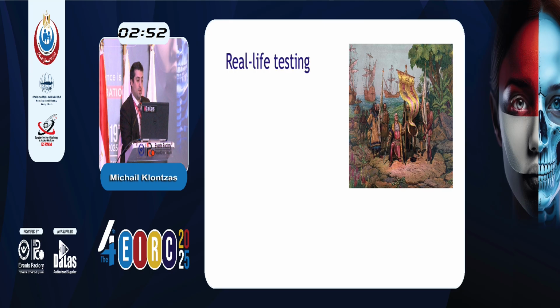Here we come to real-life testing, and usually we have a eureka moment at the stage where we have an algorithm that has good performance in the external test set, but new problems may arise when we test this in real life. For example, we may identify anatomical variants which basically confuse our algorithm. We may have new rare or distinct pathologies.